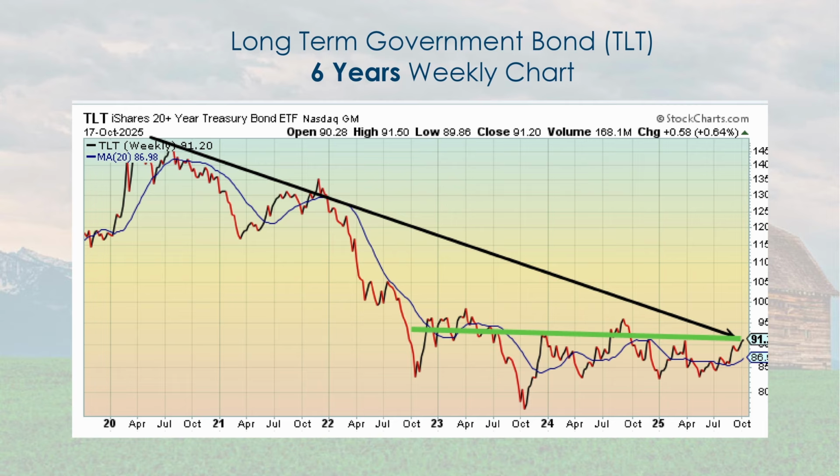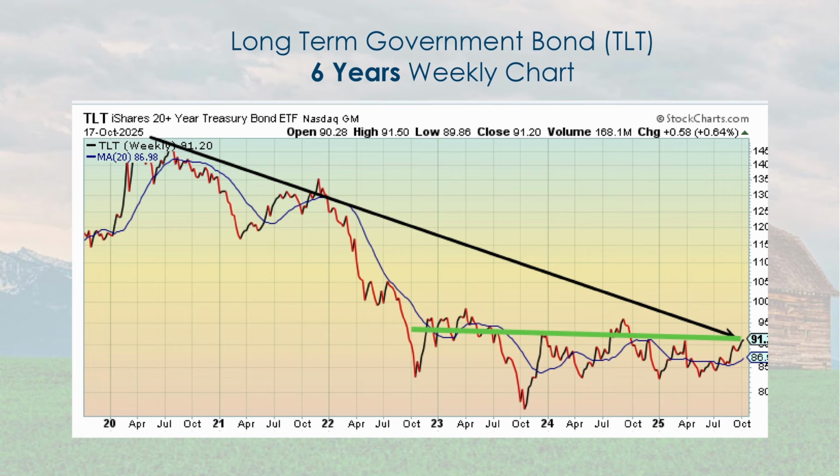The long-term government bond, TLT, moves similar to the intermediate-term bond and even similar to the short-term bond. But over the longer period of time, the long-term government bond has gotten a better rate of return. So I use it.